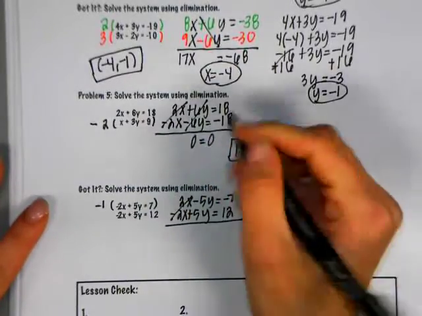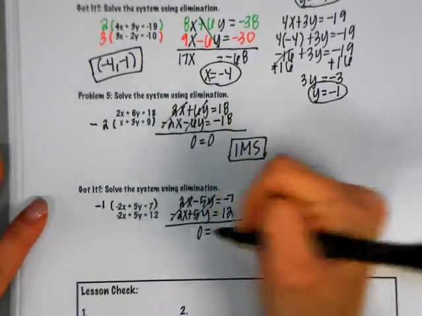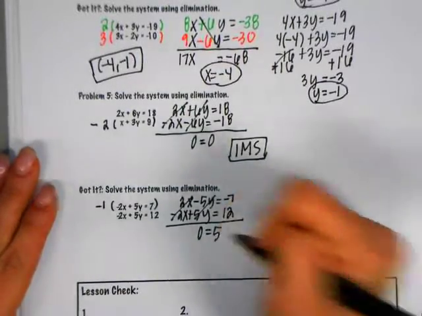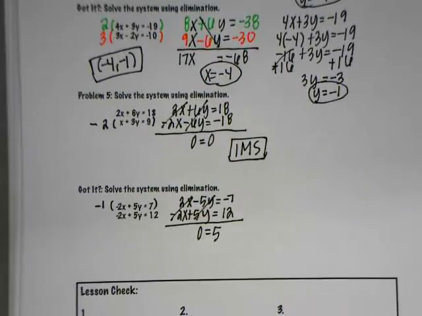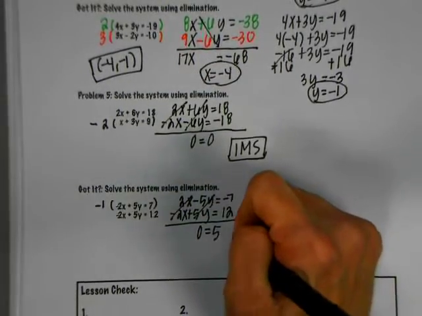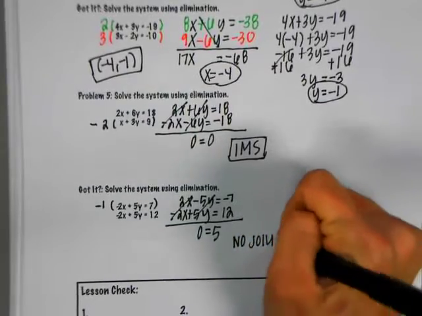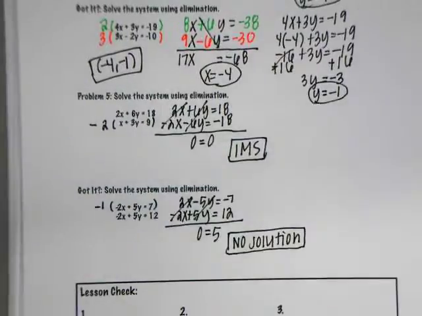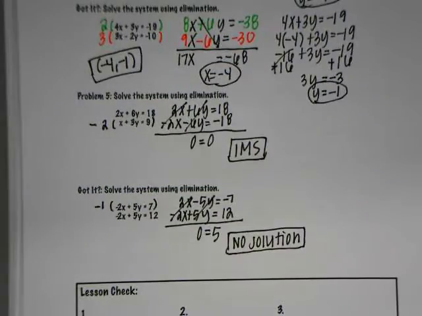Negative 5y plus 5y? So we have 0 equals -7 plus 12? 5. So our variables disappeared. Is that true or false? False, so what's my answer? No solution. It doesn't matter if you multiply the bottom one. Doesn't matter. Nope. Yep. All right.